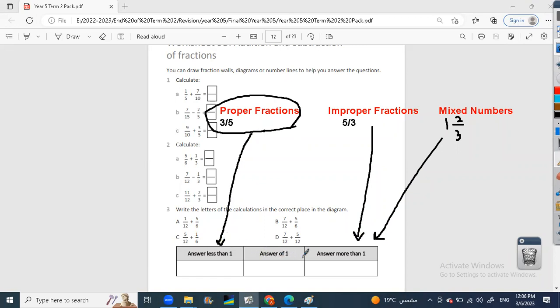Mister, what are the fractions that are exactly 1? Any fraction where the numerator is exactly the same as the denominator, like 3/3, that is exactly 1. Like 10/10, that is exactly 1.